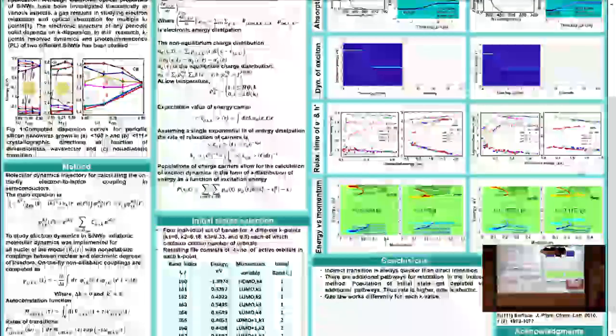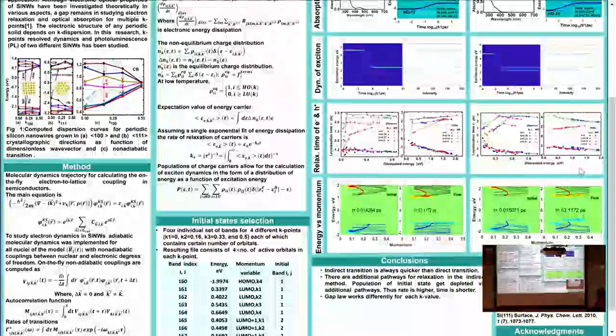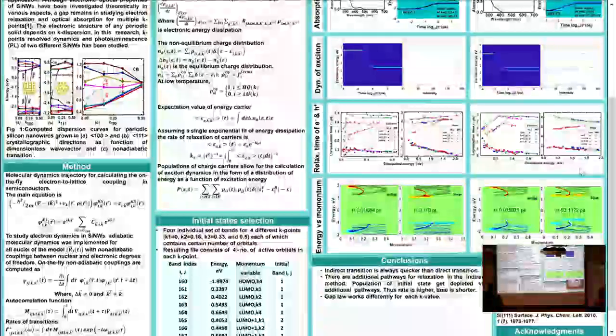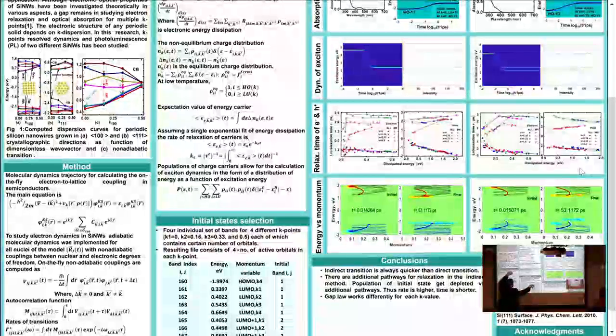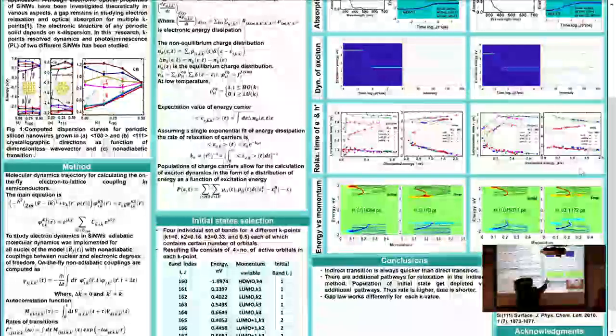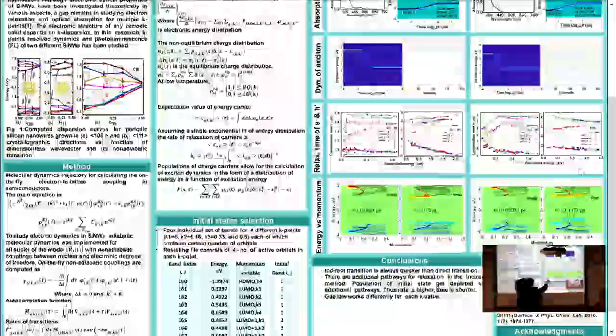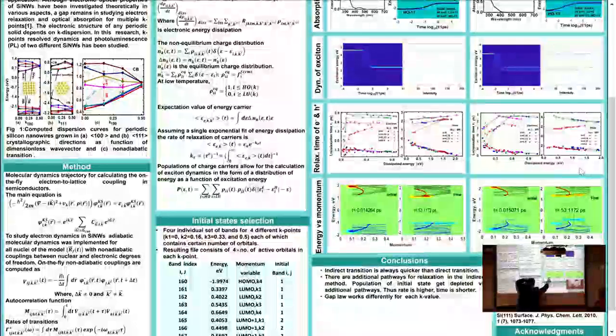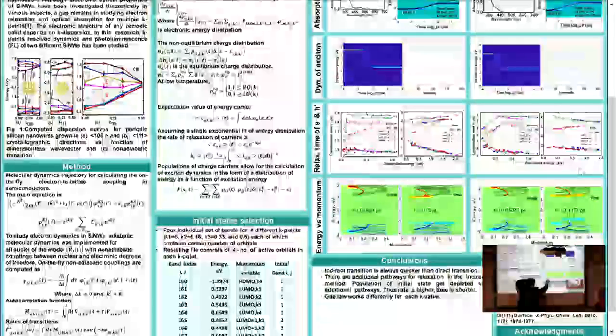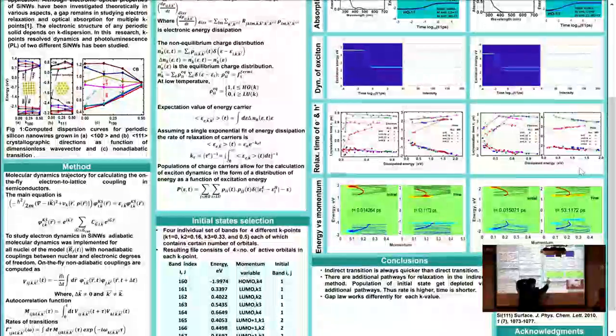Can I interrupt? Sure. I know that time is up, and it might not be enough time, but this function has two components: y is energy, and x is momentum.